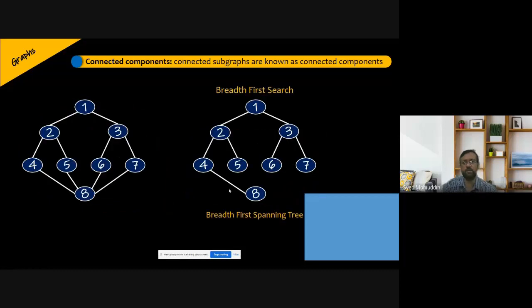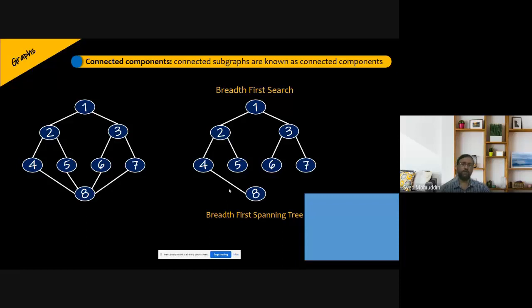Then how do we know whether the graph is connected, that is, whether all the vertices are connected or not? Now, we can perform breadth first search on a graph.